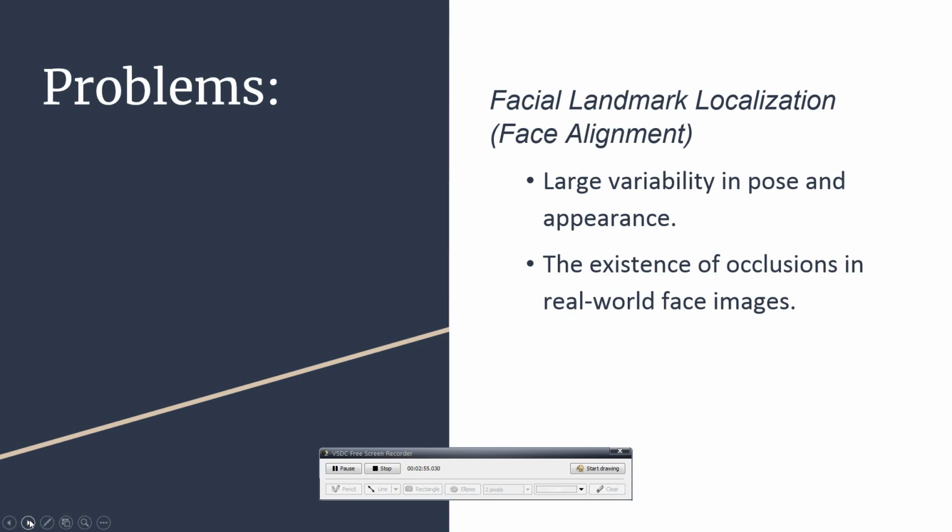And today, as we know, facial alignment techniques have become incredibly more advanced. Yet many of these original difficulties still exist. This report aimed to address the two major problems we talked about for landmark localization: a large variability in pose and appearance, and also the existence of occlusions in real world face images.